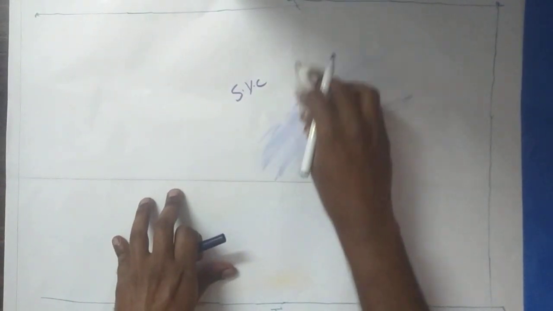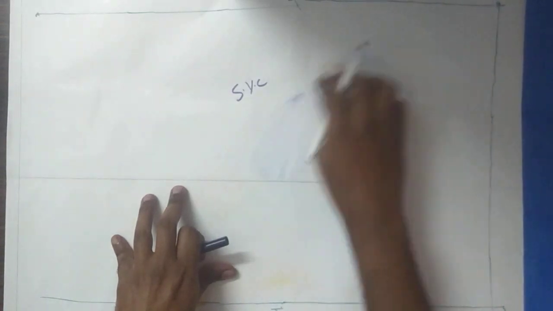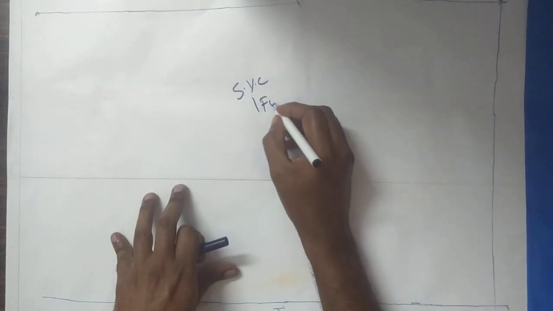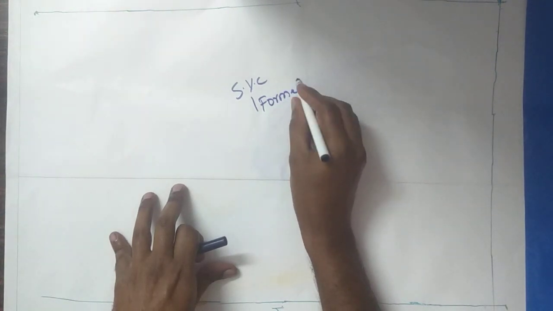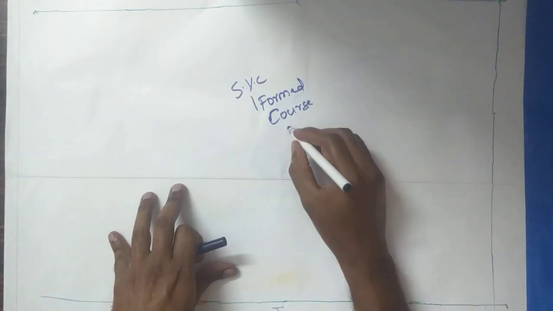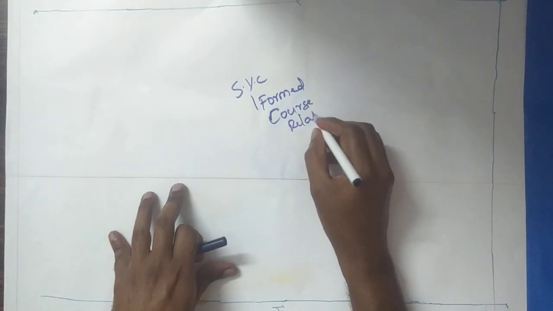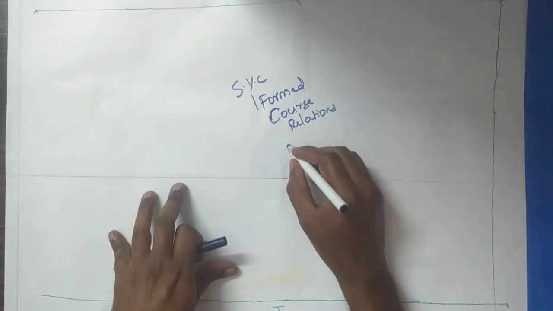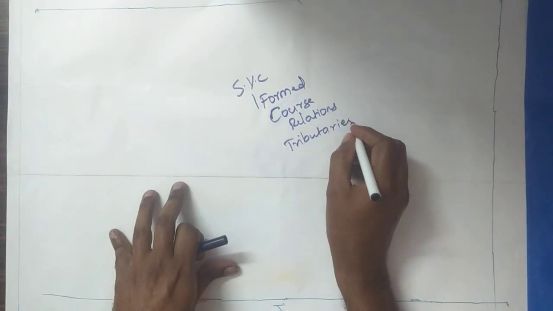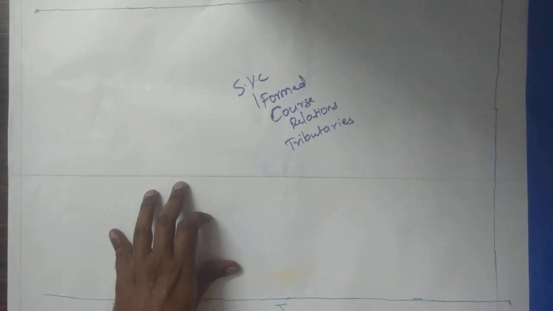All this we'll see under a few side headings, like how it is formed, what is the course, and if there are any relations, what are they. At last its tributaries.